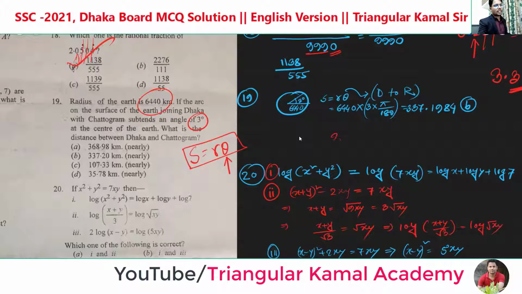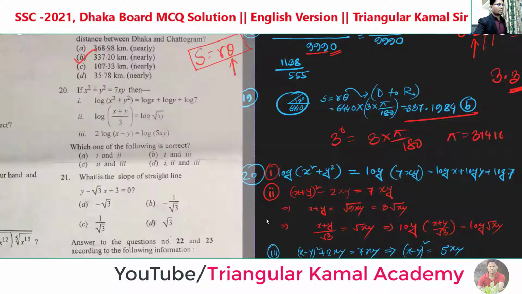So radian means the 3 degrees is converted into radians, 3 into pi by 180, where pi equals 3.141416. After doing the calculation, we will get this result, approximately 337.20 kilometers. Because here the information is given in kilometers, definitely this one will be the answer in kilometers.